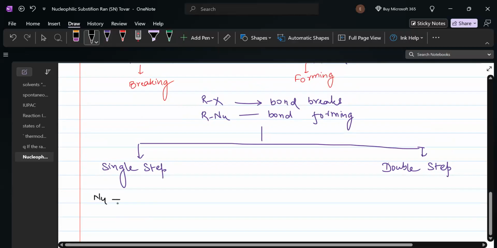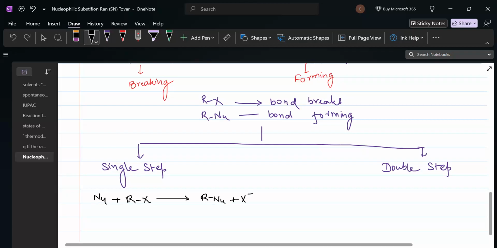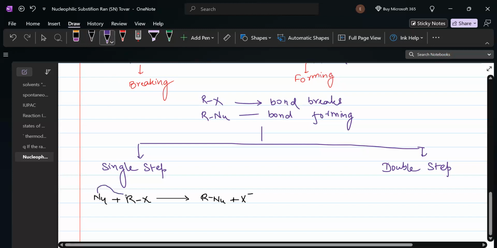In a single step reaction, this nucleophile is attacking on this R. And why is it attacking?